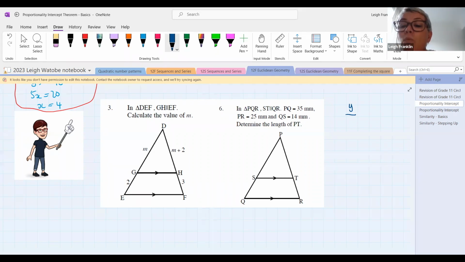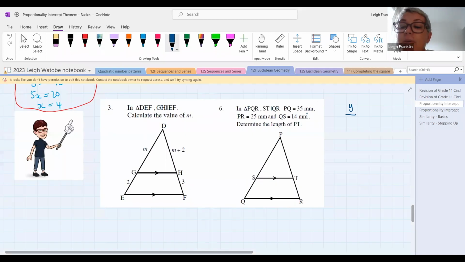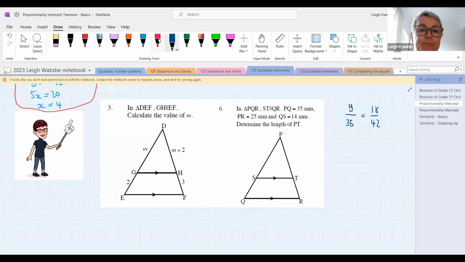So Luam had y over 35 equals 18 over 42. So when you cross multiply, you're multiplying 35 and 18, and 42 and y. So you end up with 42y is equal to 18 times 35.